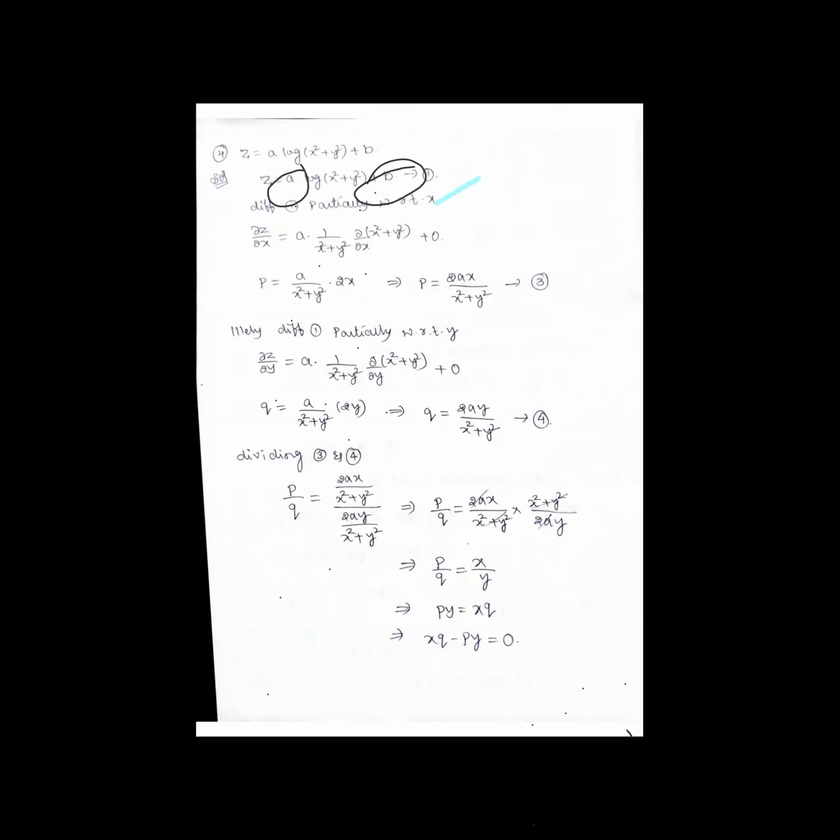So dou z by dou y is equal to a into 1 upon x square plus y square, dou by dou y of x square plus y square plus 0. You take dou z by dou y as q.